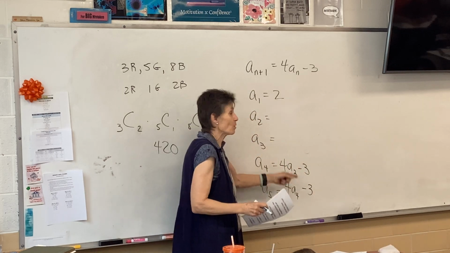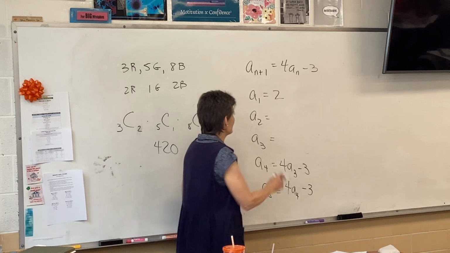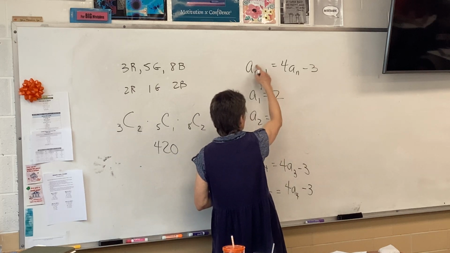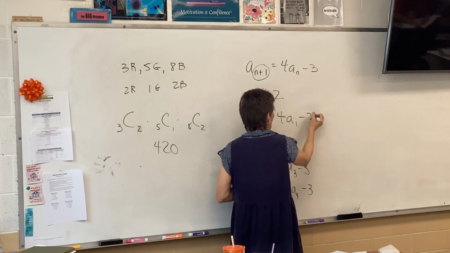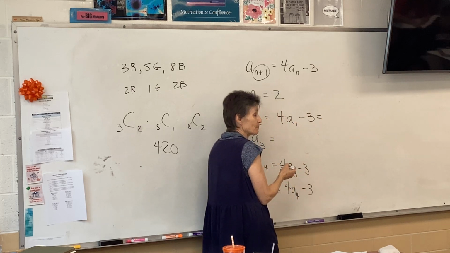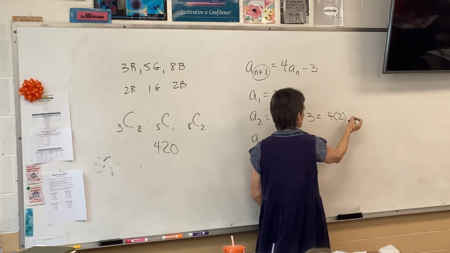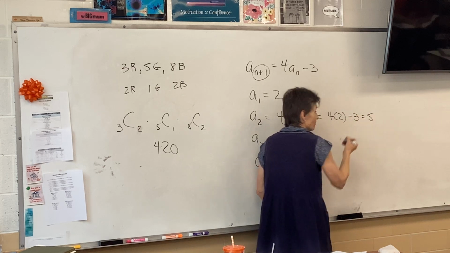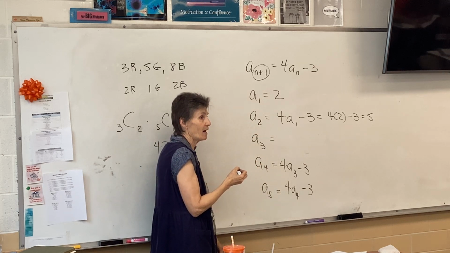See, I don't know that. So I just gotta start at the top and work my way down. So the second term is gonna be 4a sub 1 minus 3. But that's 4 times 2, I do know that one, minus 3, so that's 5.